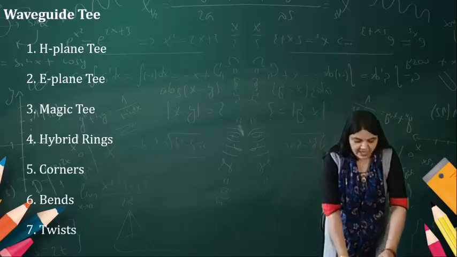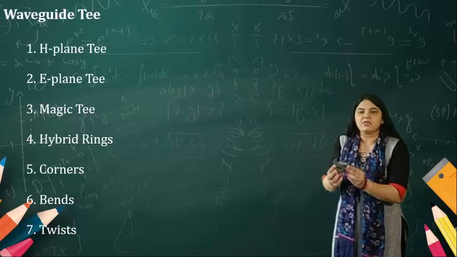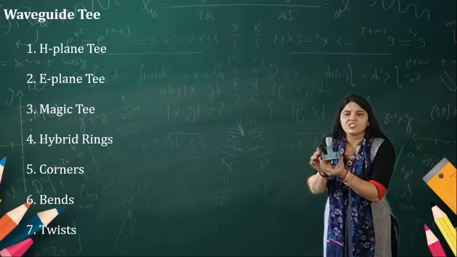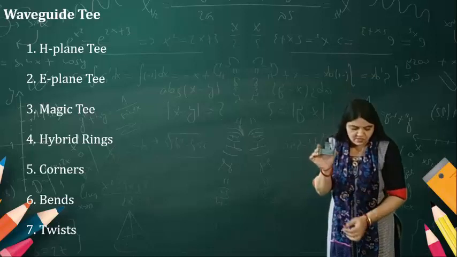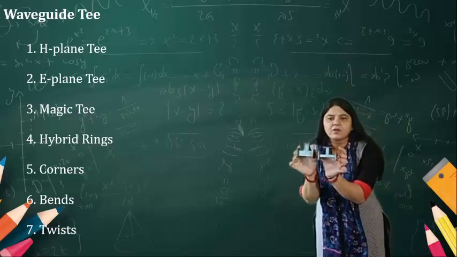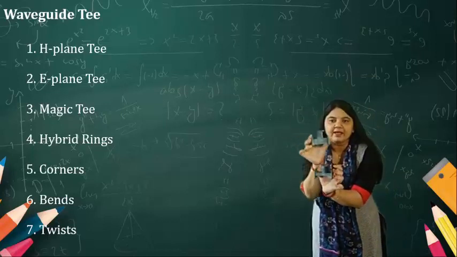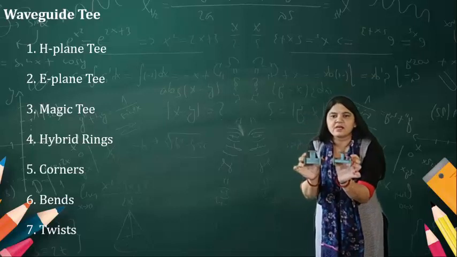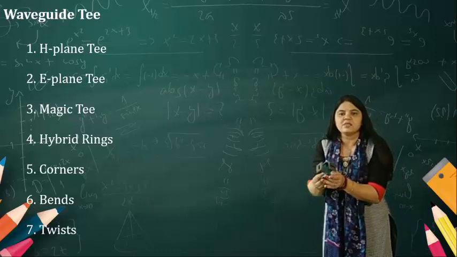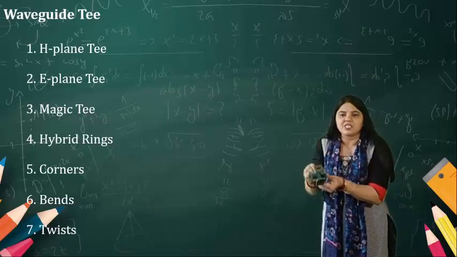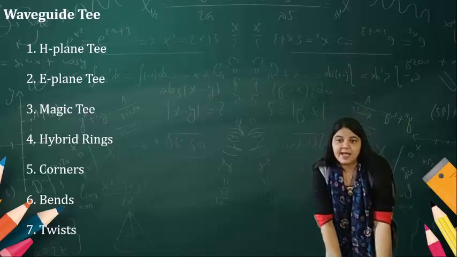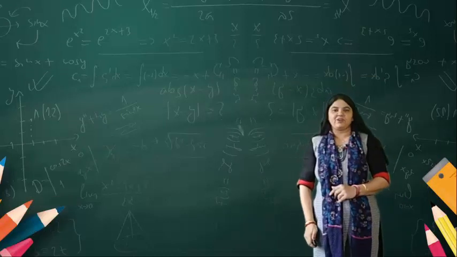So here I will show you, this is my H-plane T. This is the E-plane T. And this is the magic T, which is the combination of the E-plane T and the H-plane T.